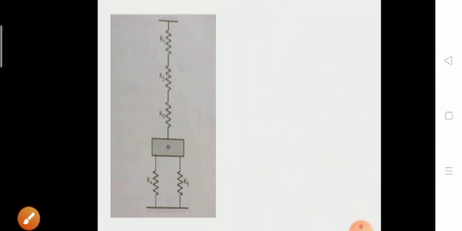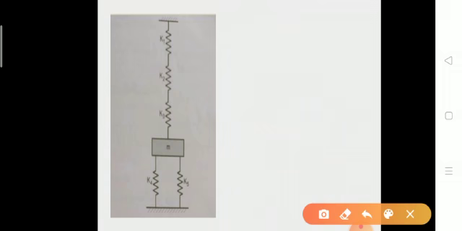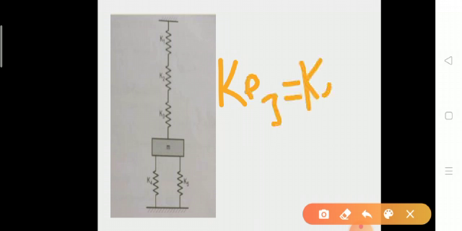If these two springs have the same deflection, then their combination will be a parallel combination. So those two springs are in parallel with each other, and your final answer will be ke3 is equal to ke1 plus ke2.